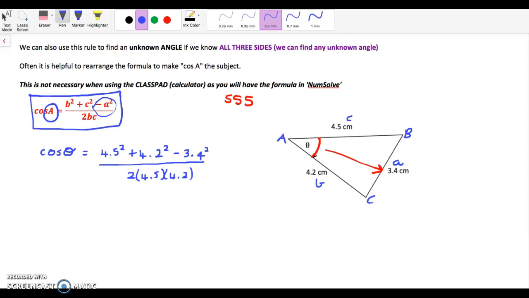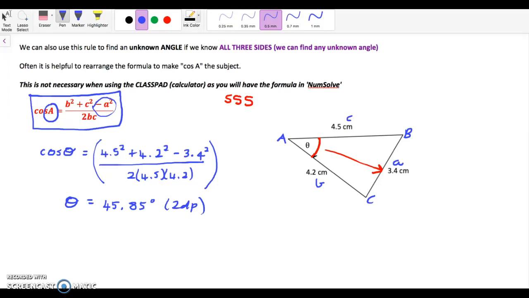Now, I'm not going to write down that value, but I know that I'm going to do the inverse cosine of this whole answer in my calculator if I'm using a scientific calculator. Otherwise, using NumSolve in our ClassPad very easily will tell us that angle theta should be 45.85 degrees to 2 decimal places.